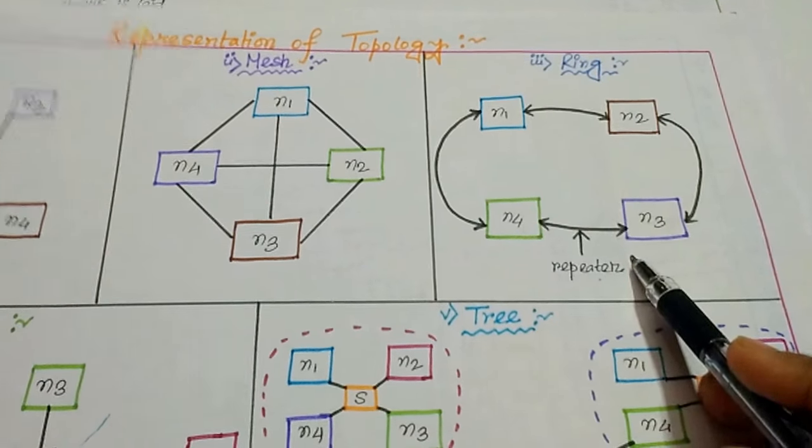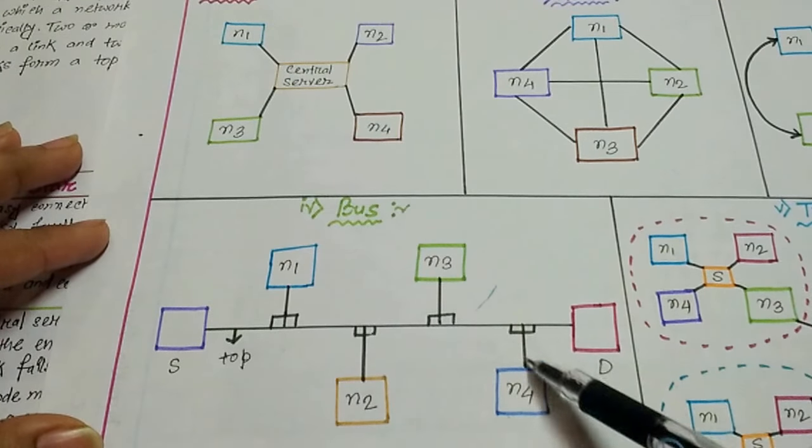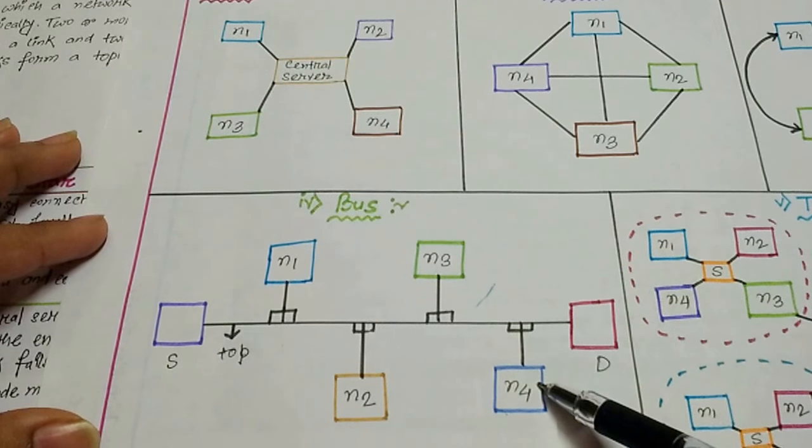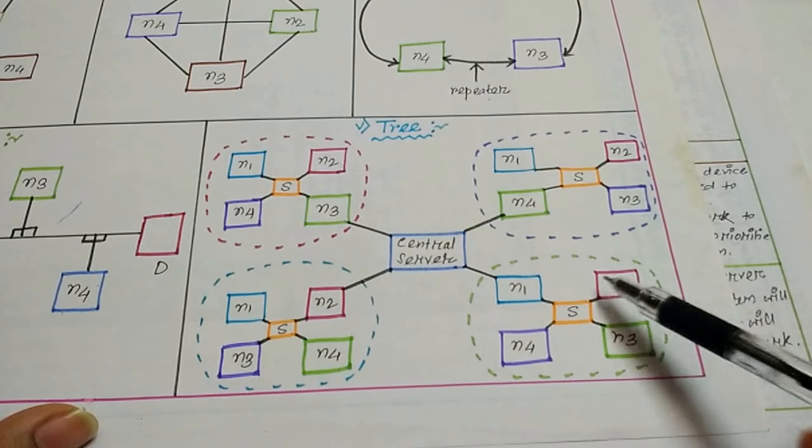Ring topology. This is our bus topology. And last but not least, it is our hybrid or tree topology.